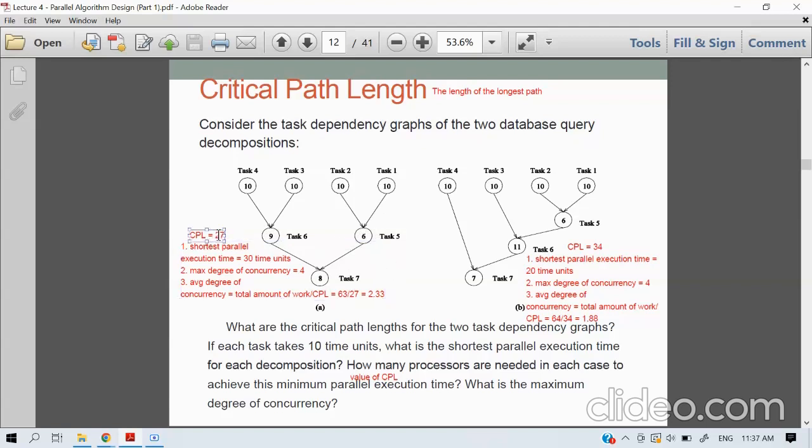If your critical path length just now required 3 nodes, then 10 plus 10 plus 10 to complete the path, so it requires 30 time units, right? Okay. How about this? Why 20?